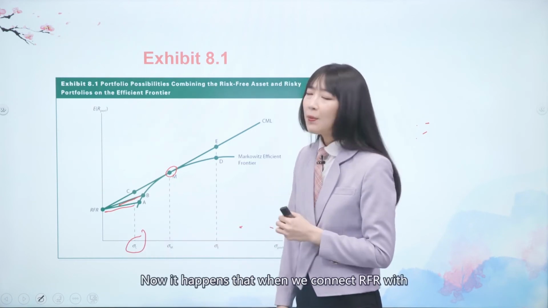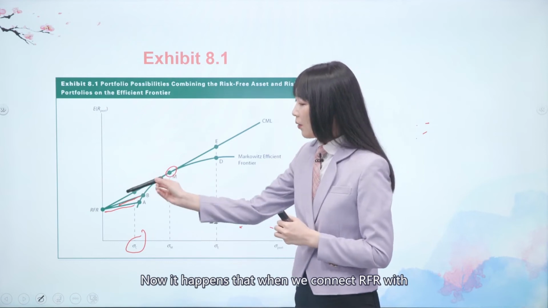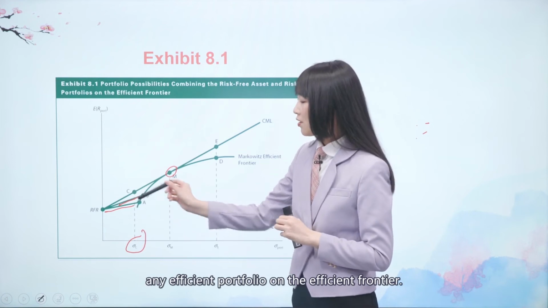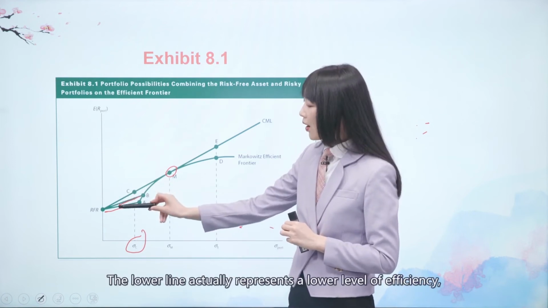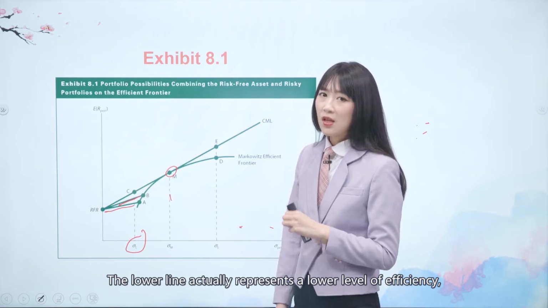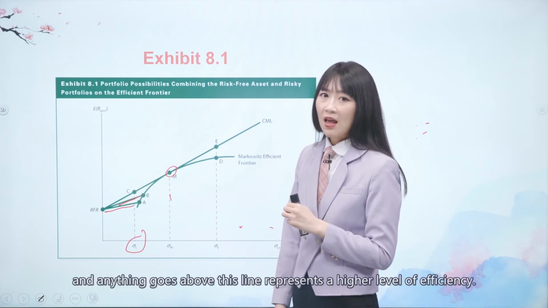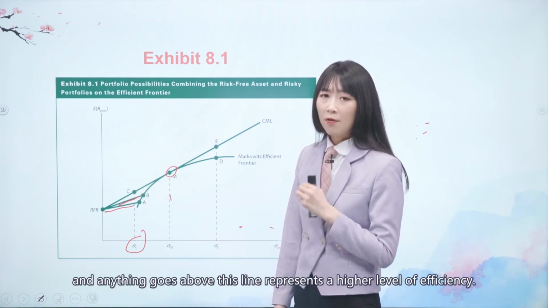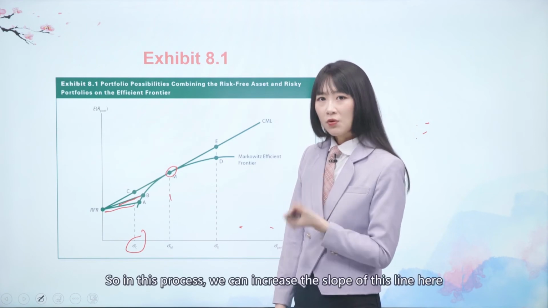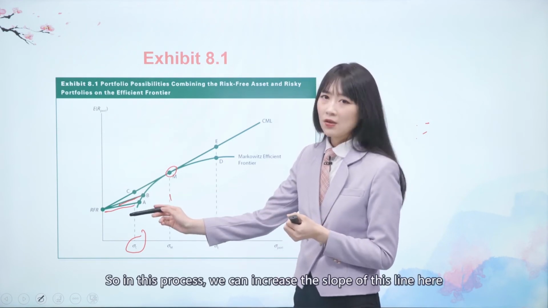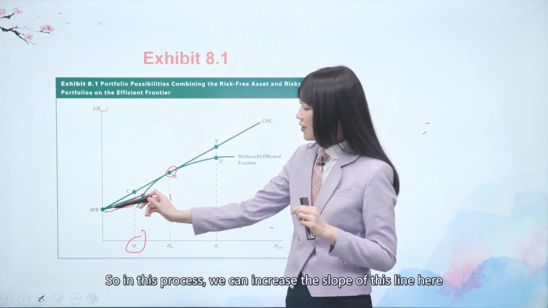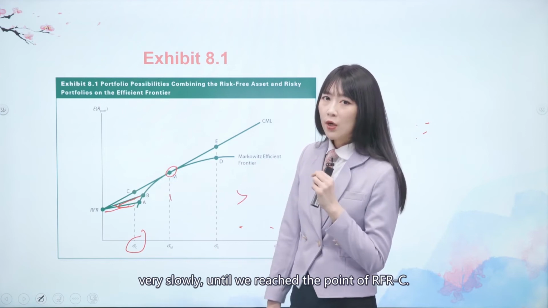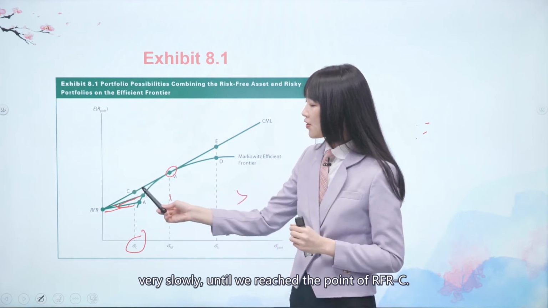Now, it happens that when we connect RFR with any efficient portfolio on the efficient frontier, the lower lines actually represent a lower level of efficiency, and anything above this line represents a higher level of efficiency. So, in this process, we can increase the slope of this line very slowly, until we reach the point of RFRC.